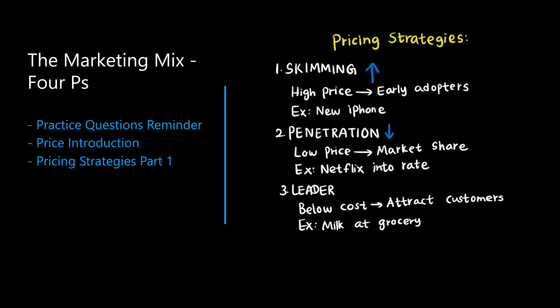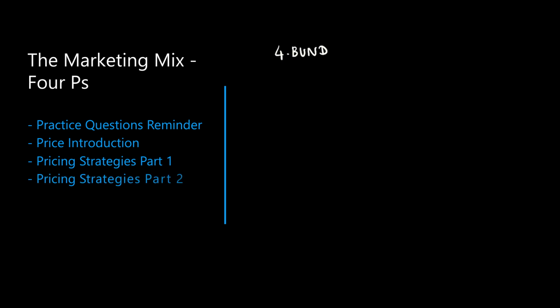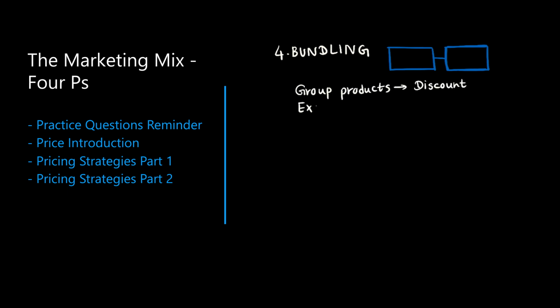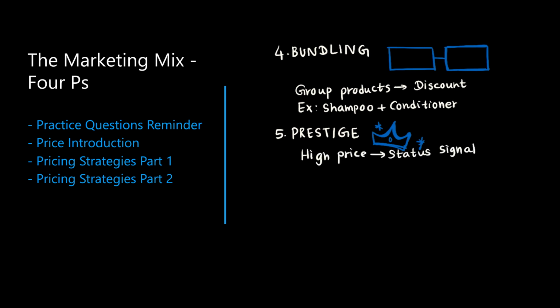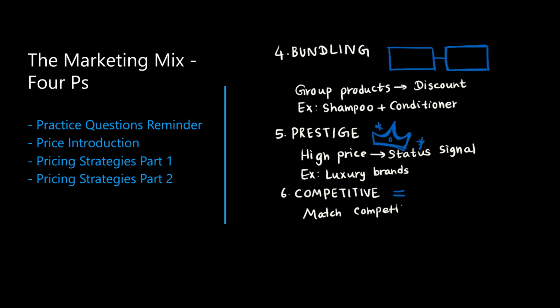Grocery stores do this with milk and bread. Bundling groups related products together at a discount, like shampoo and conditioner sets. Prestige pricing deliberately sets high prices to signal quality and status. Luxury brands use this extensively. Competitive pricing matches or slightly undercuts competitors' prices.